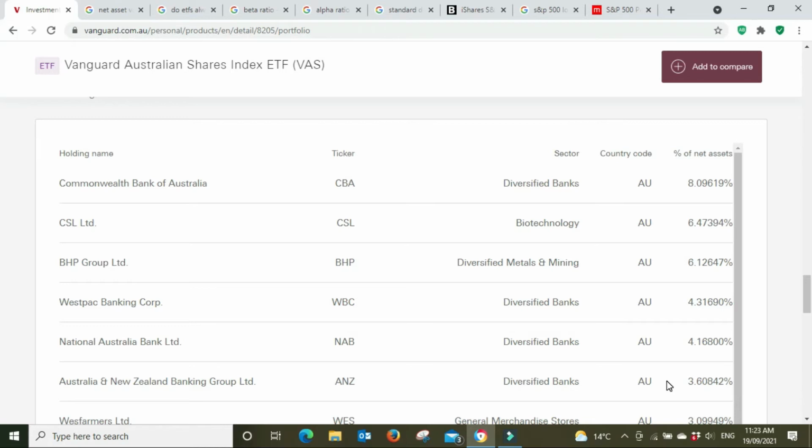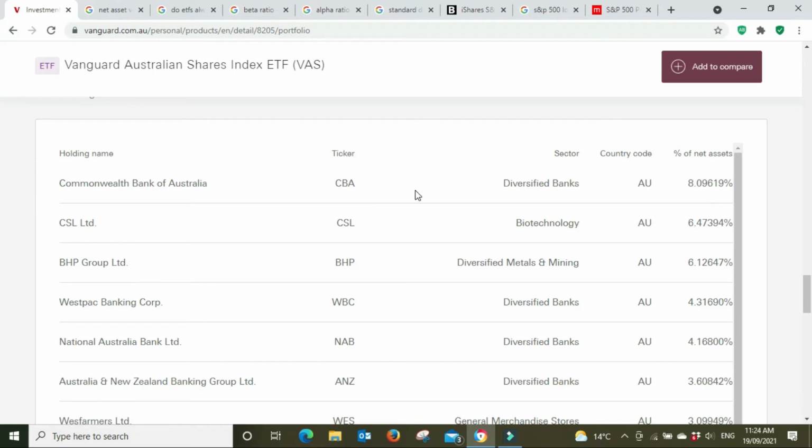You're buying a weighted average of the biggest companies in there. So even though there are 300 companies, one of those companies is really a third of a percent, 1 divided by 300, you still get Commonwealth Bank at 8%.